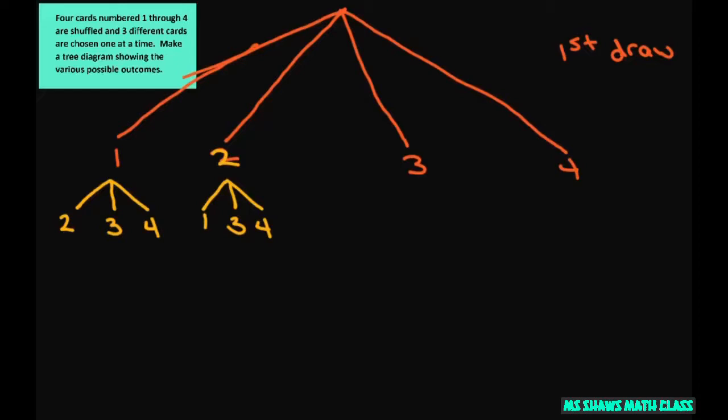And if you drew a 3 the first time, then the other ones would be 1, 2, or 4. And if you drew a 4 the first time, then you'd be left with 1, 2, and 3.